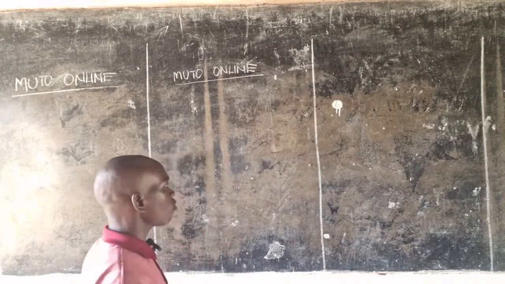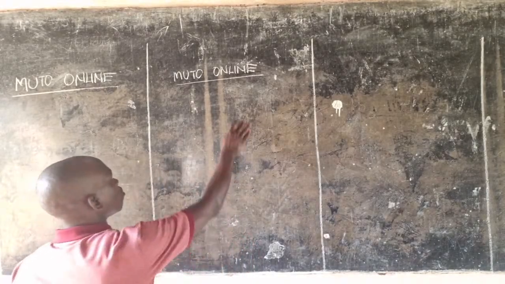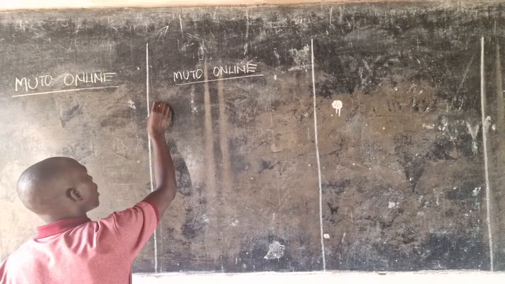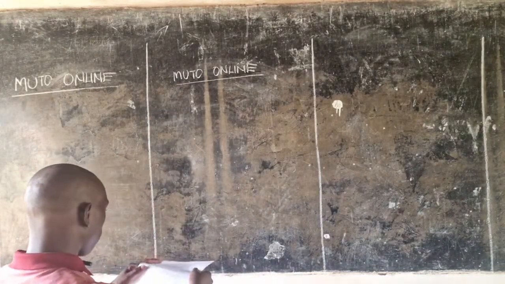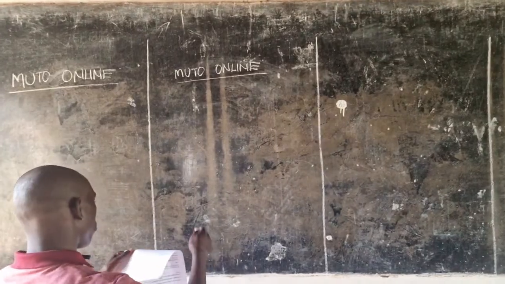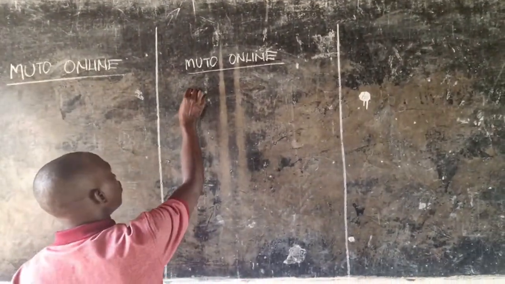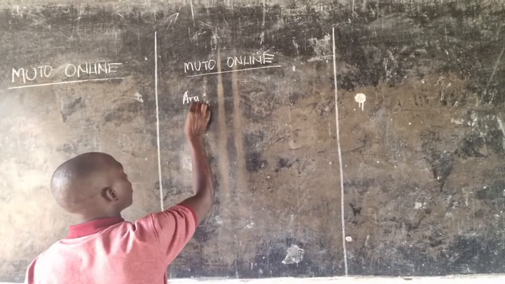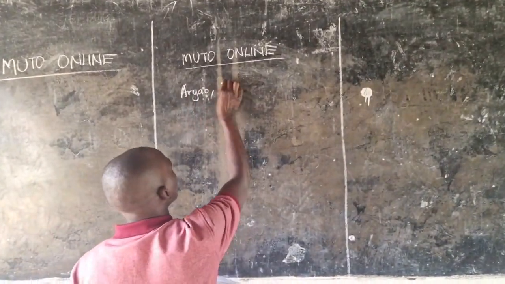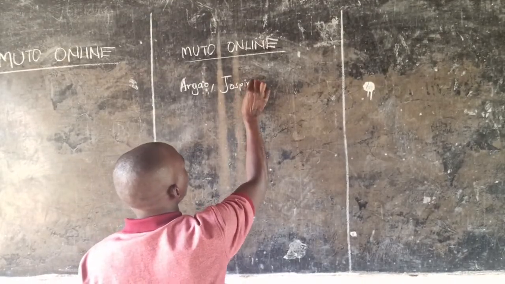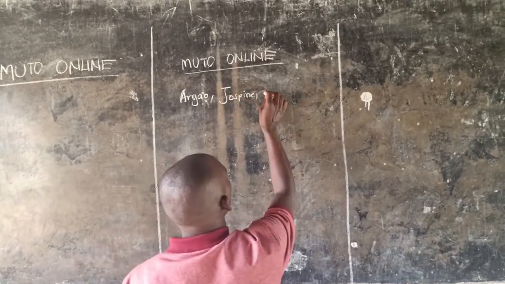Let's do this. So we have four names, four members of this circle. We have Arayo. Then we have Josephine. Then we have Betty.